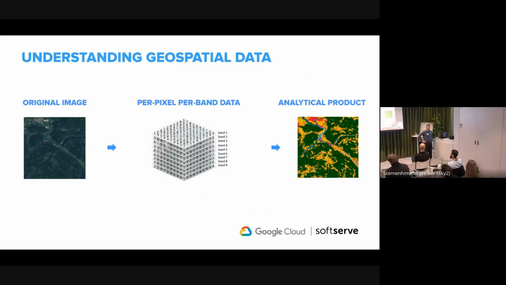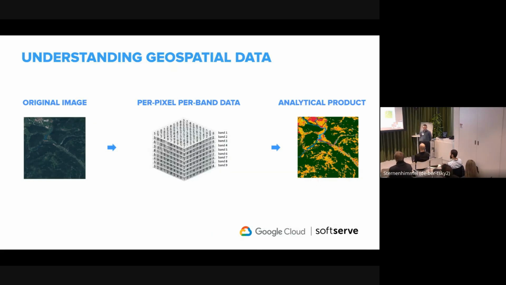So what is geospatial data? For those who haven't heard about it, it's any real-world phenomena that can be mapped to longitude and latitude. If we take, as an example, an image of Earth's surface, we can take photos of such a surface and then analyze it.